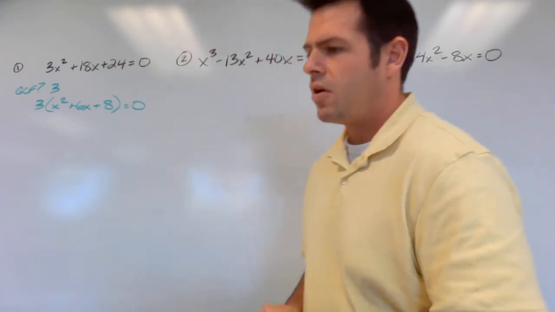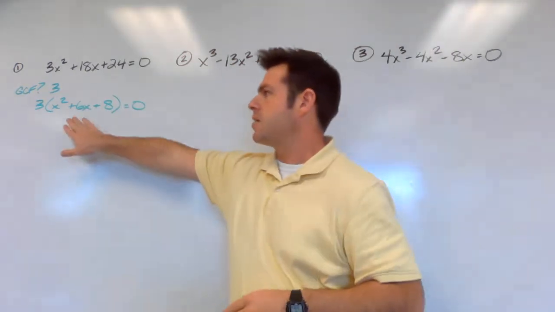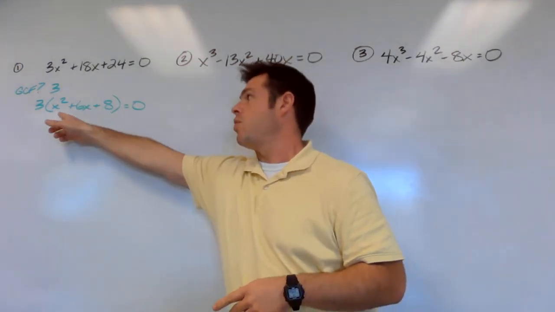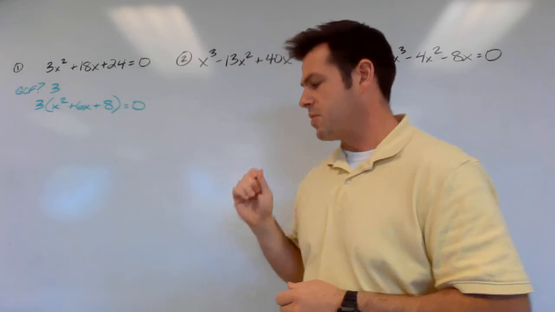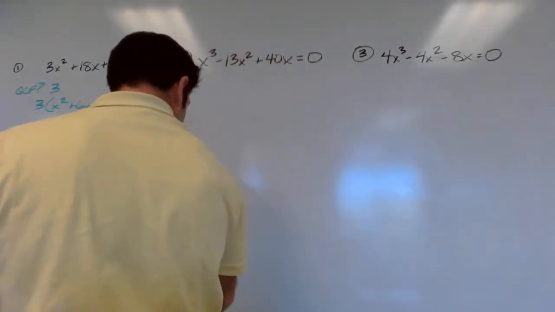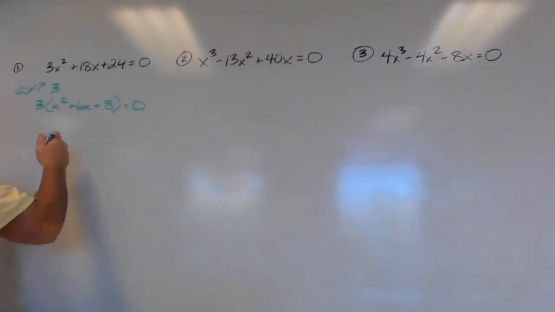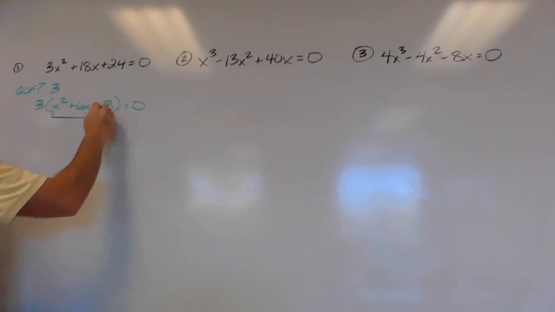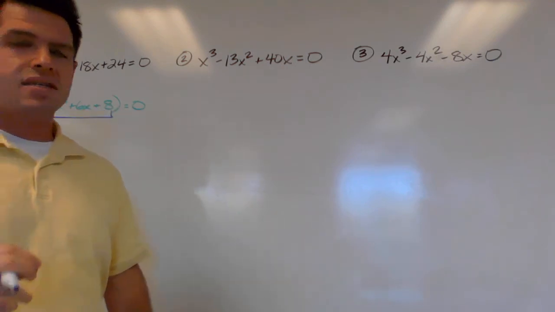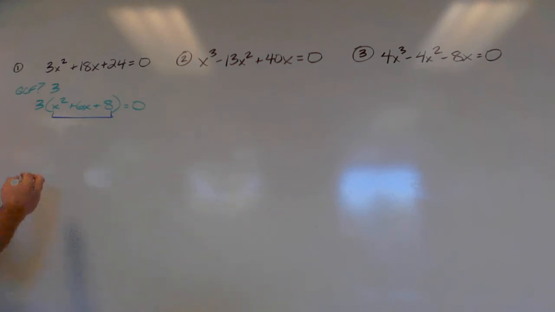Now that we have a quadratic inside these parentheses with 3 terms, I'm going to look specifically within that parenthesis at the x squared, the 6x, and the 8, and I'm going to apply our ABC method here.